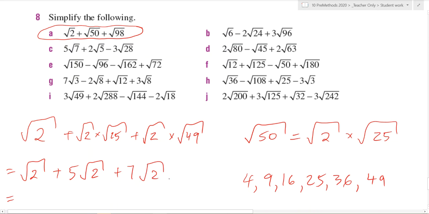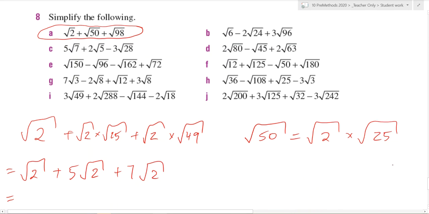Now we're going to add the surds. You can add surds if they have the same surd. They are called like surds. So 2 square root 3 plus 4 square root 3, they are like surds.